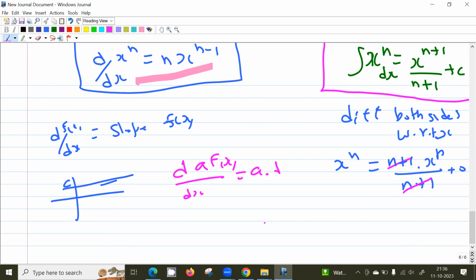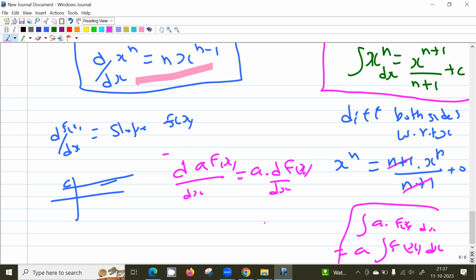It's a times d by dx of f of x. Similarly, integral of some constant a into f of x dx, that a will come out, and will be equal to a into integral of f of x dx. So this also is like a formula. This is a real number, it should just come out.